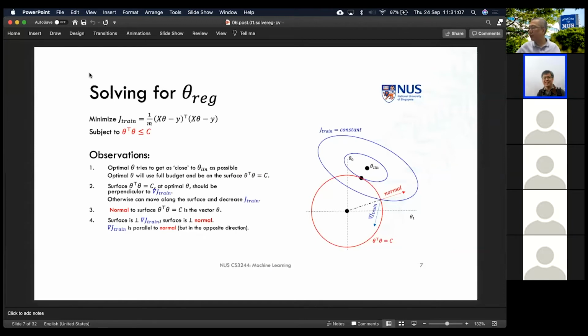So the surface here of C is going to be perpendicular to the gradient of our loss function. So you can see that over here. At this point, the gradient of our loss, this blue arrow, is pointing this way, which means that if I want to lower my loss, I have to step in this direction.